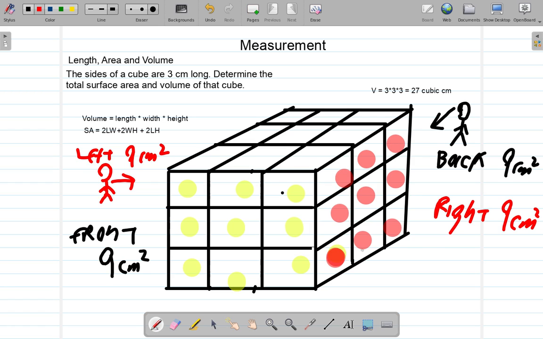So far we have the front. At the front we have 9 plus, at the back we have 9 plus, on the left we have 9, and on the right we also have 9 centimeters squared. We're leaving out something. Let's look at it.